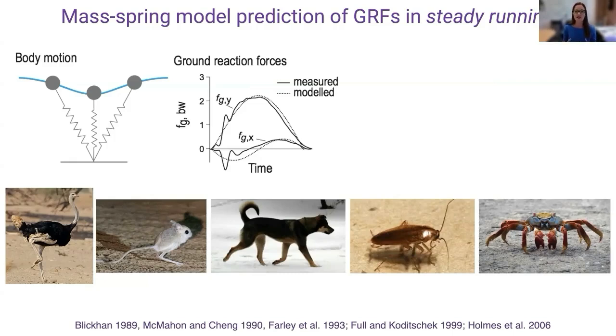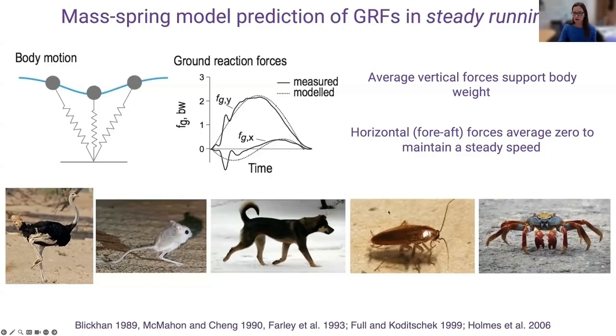But the shape of the ground reaction force curve is much simpler for the mass spring model compared to real ground reaction forces, in part because real animals have legs with masses that result in collisions when they contact the ground. And so you get heel strike impacts associated with these collisional decelerations of the masses in the foot and the leg.